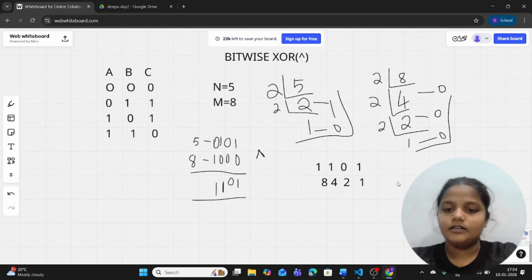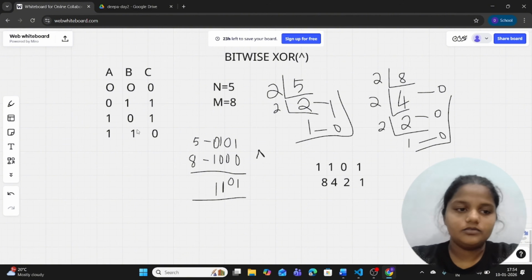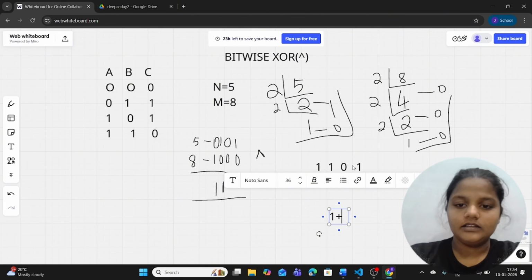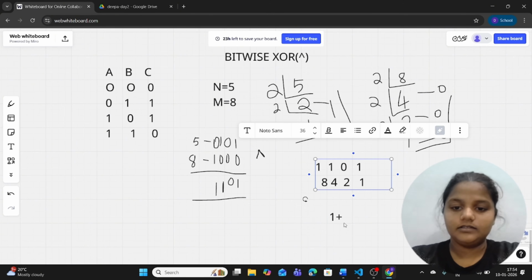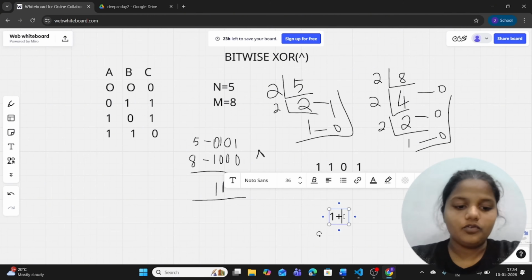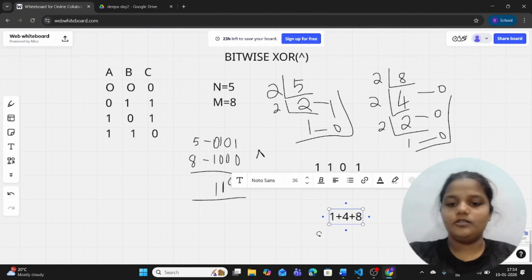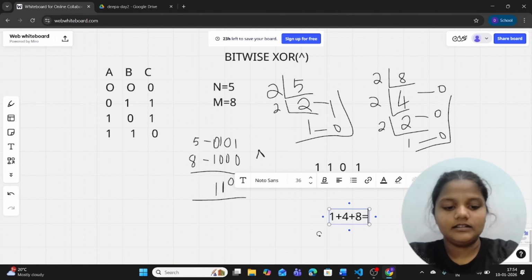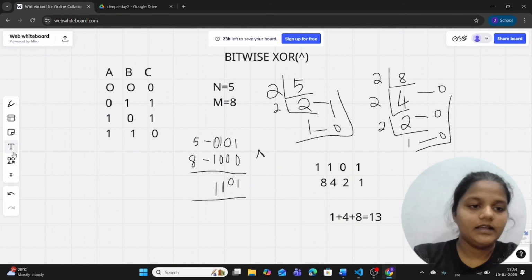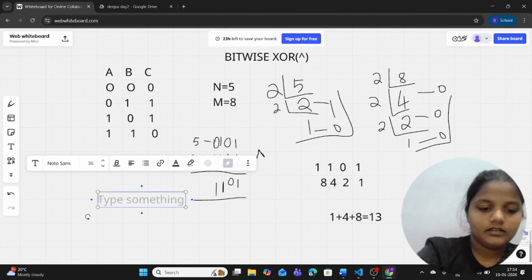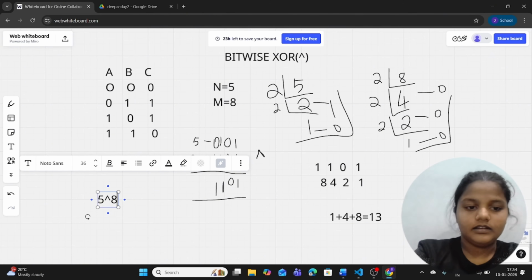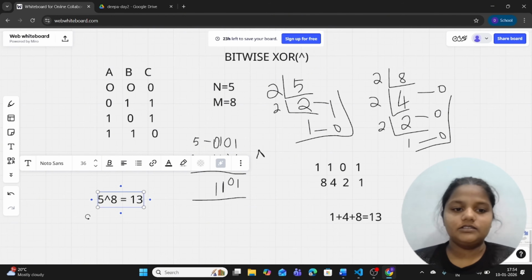For the first bit we have 1, so we first add 1, plus second bit we have 0, third bit we have 1, corresponding value is 4. Then add the fourth bit, we have 1, corresponding value is 8. So add it. Now what will we get? We'll get 13. Right? So our answer is 5 XOR 8 is 13. Okay? Hope you understood this.